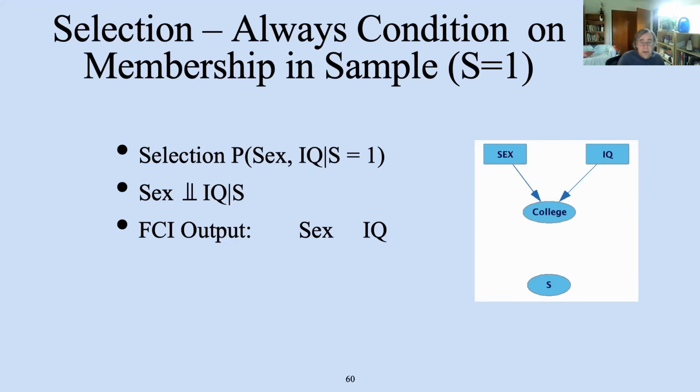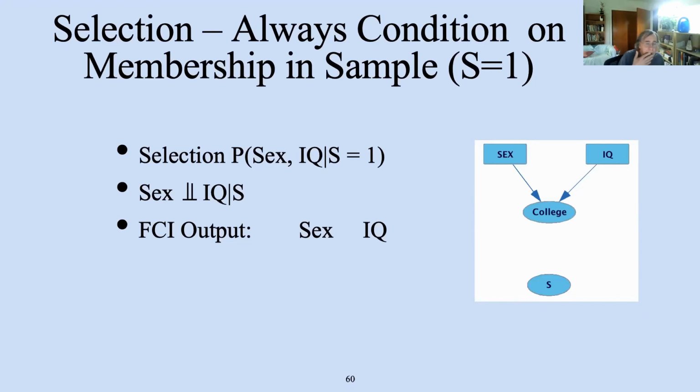And so we would see that sex and IQ are dependent, conditional on whether or not you were enrolled in that college. So for instance, if you took your sample from that college campus, you would see a dependence between sex and IQ.